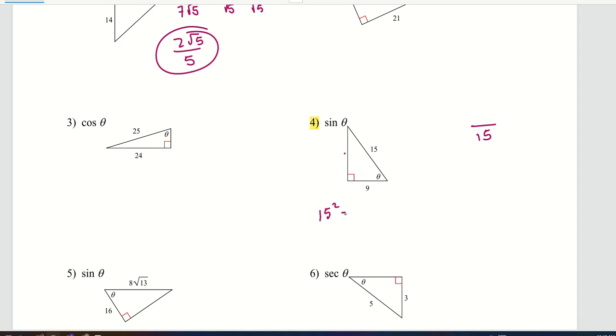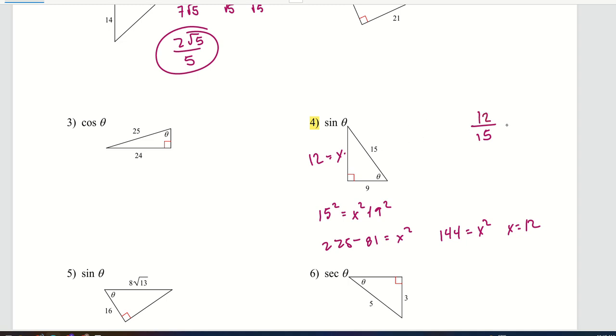So 15 squared is going to equal, let's just call this x squared plus 9 squared. 15 squared is 225, so that would be 225 minus the 9 squared, which is 81, equals x squared. This ends up being 144 equals x squared, which means x equals 12. So opposite would be 12 over 15.